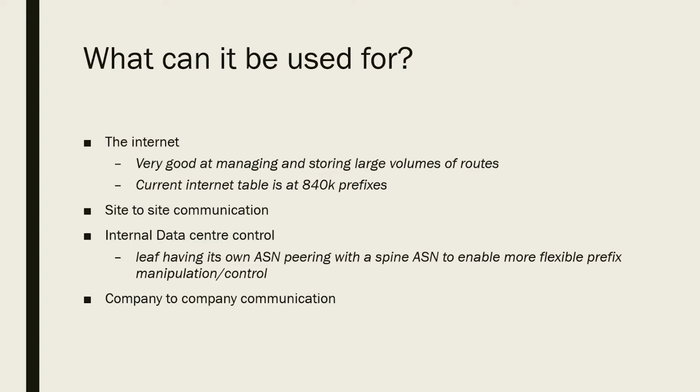You've then also got the potential to use it in your internal data centers. An example of what I've seen before, I believe, is a leaf having its own AS number, and I'll get onto what AS numbers mean later. That leaf is then peering potentially with a spine, which has its own separate AS number, and that connection between the two we can control at a granular level to say, only let the leaf know about these specific prefixes.